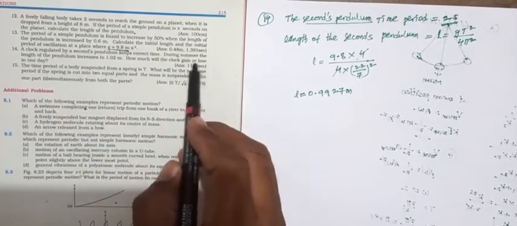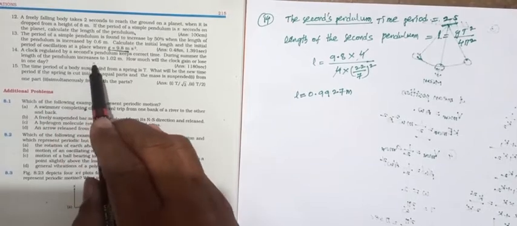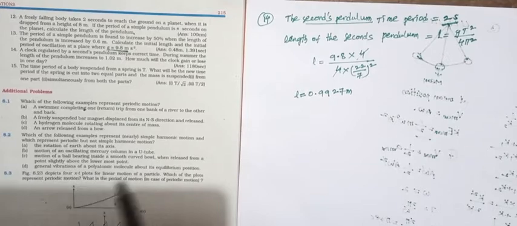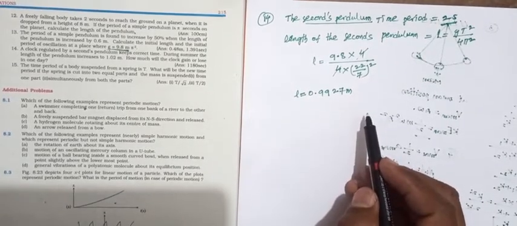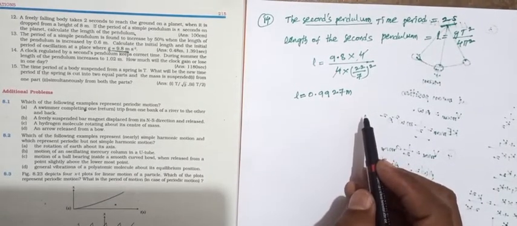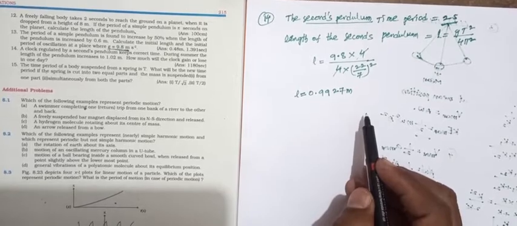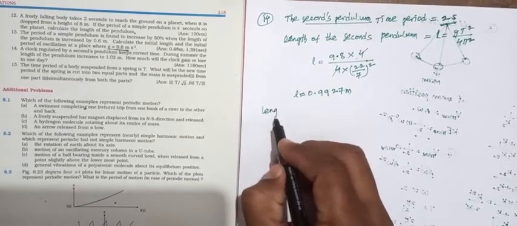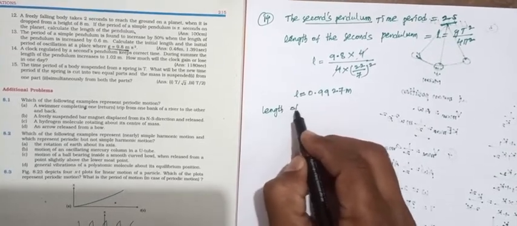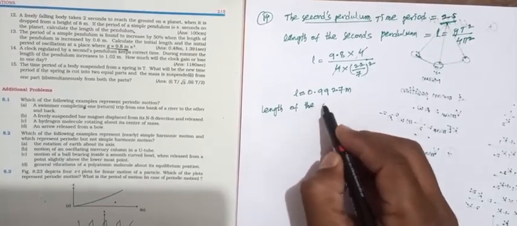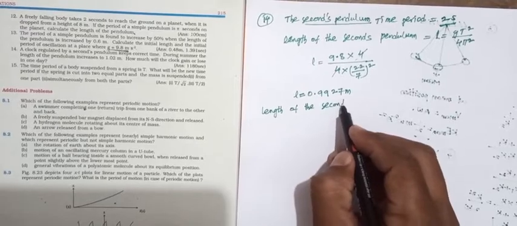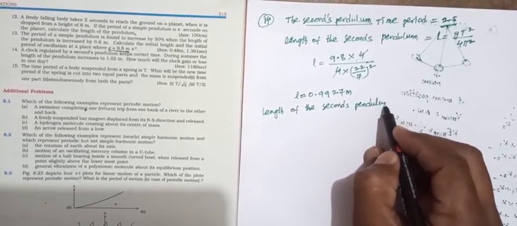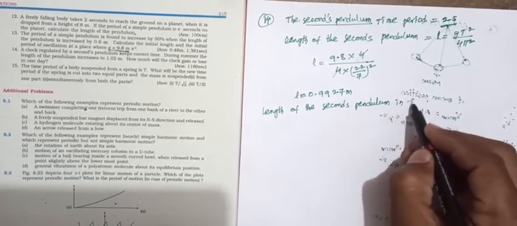Okay, the next question: during summer the length of the pendulum increases to 1.02 meters. So this is the length of the seconds pendulum in the summer season.